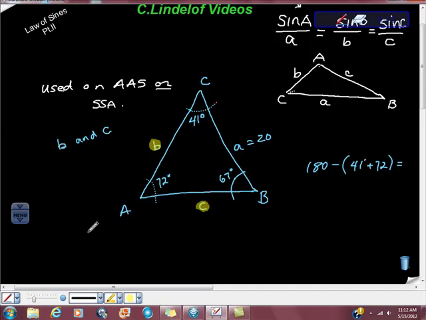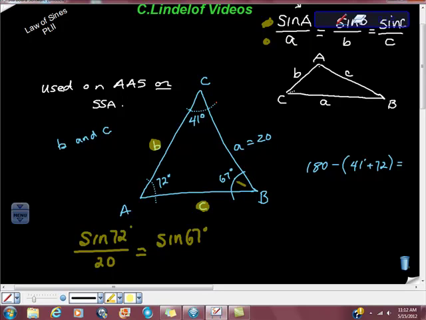So I'm going to do sine of 72 degrees over 20, because this is angle A, right? Remember, we have angle A here, over side A here. So over side A is equal to sine of 67 degrees.